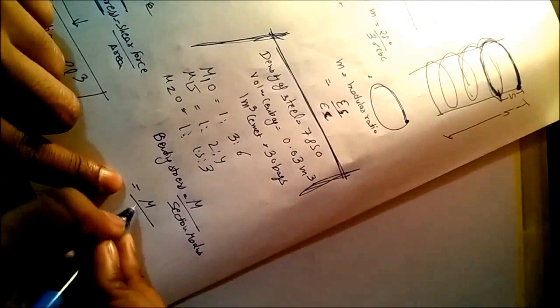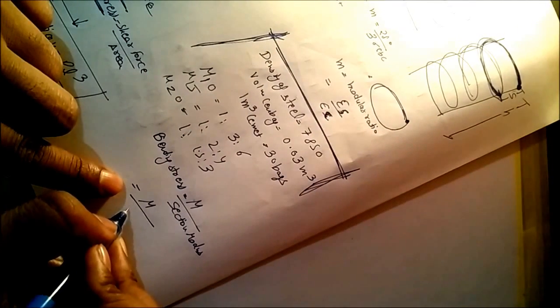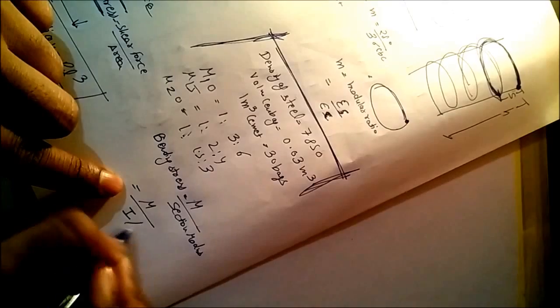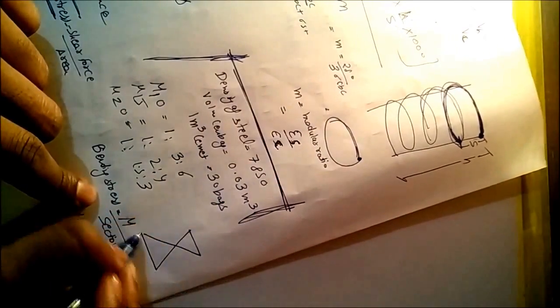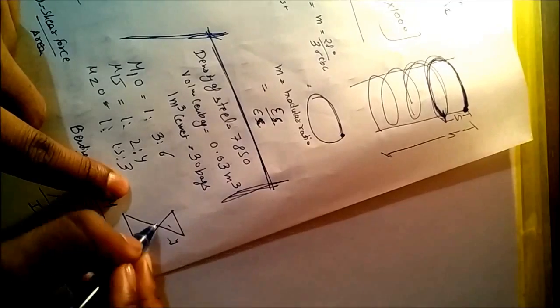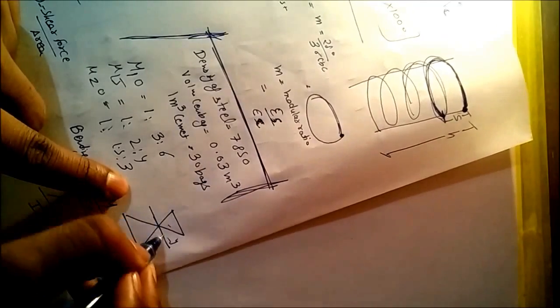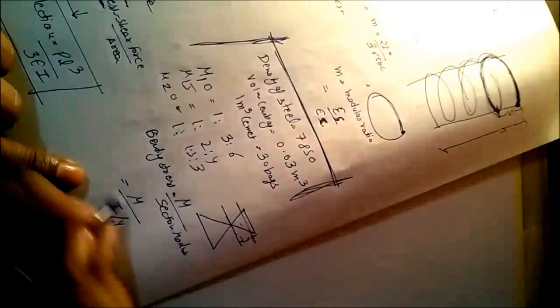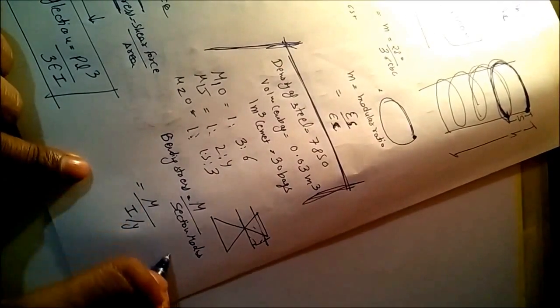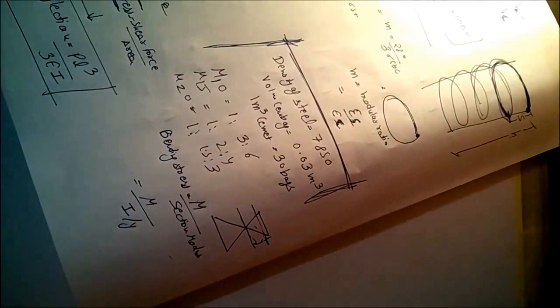So M upon section modulus, which is moment of inertia by Y, where Y is the distance from the neutral axis. So it will not go this deep in structures.